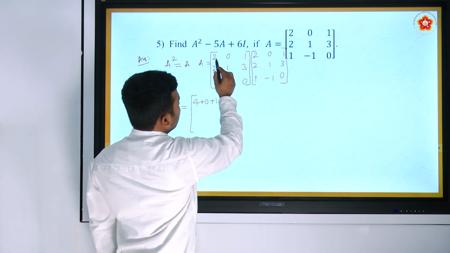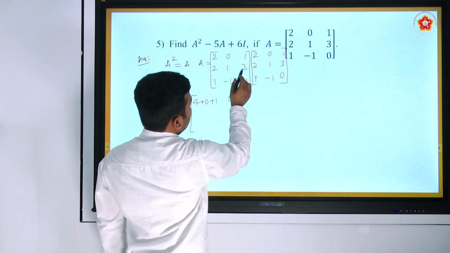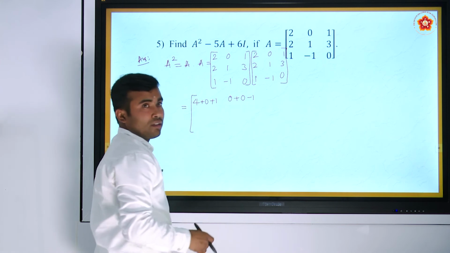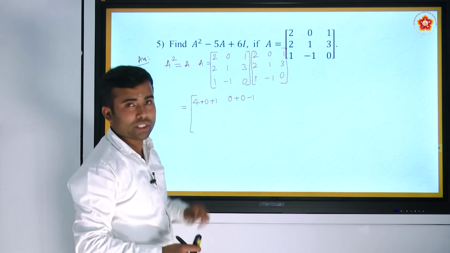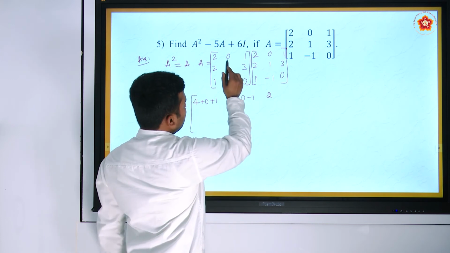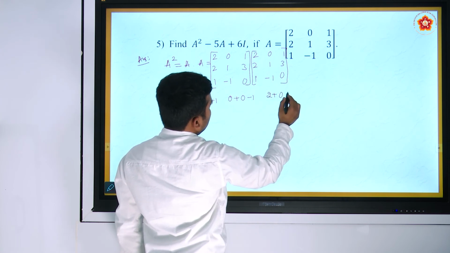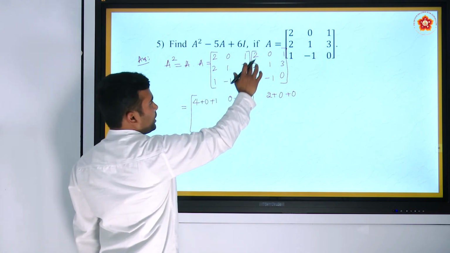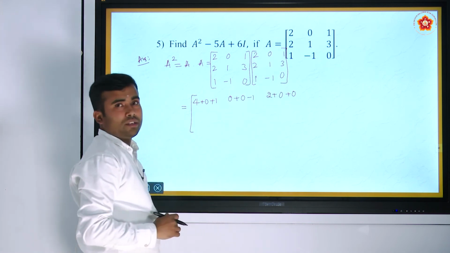Next, 2 into 0 plus 0 into 1. Next, 1 into minus 1, that is minus 1. Okay. 2 into 0 is 0, plus 0 into 1 is 0, 1 into minus 1 is minus 1. Similarly, 2 into 1 is 2, 0 into 3 is 0, plus 1 into 0 is 0. Okay. Next, second row into first column, second row into second column, second row into third column.